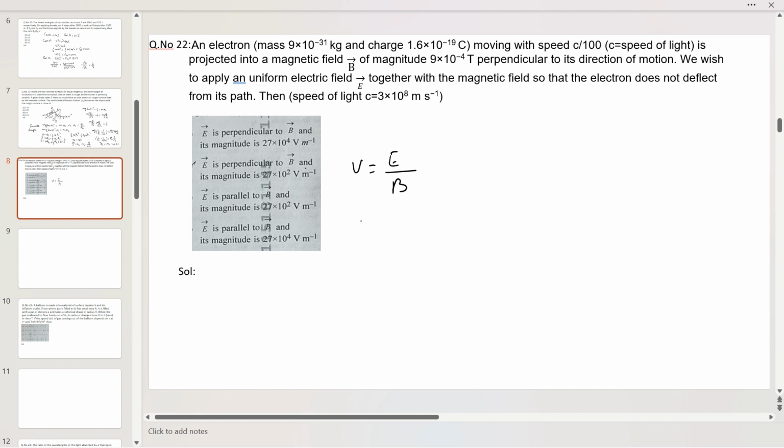Now v is c by 100, and that is equal to E by B. So c, that is 3 into 10 to the power 8, by 100, into B, which is given as 9 into 10 to the power minus 4, is equal to E. When you calculate it, you get 27 into 10 to the power 2 V, that is equal to E.